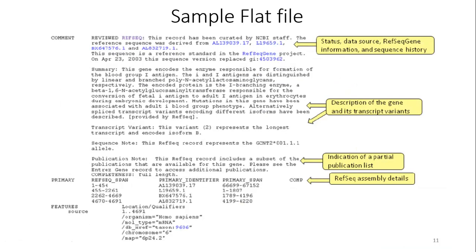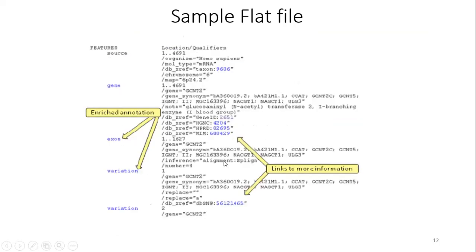Then you have got other details that are present in your GenBank, like the assembly details. You have got an indication of the partial publication list if there is any. And this is what I was talking about. These are called links to external databases. If you click on this link, you would be directly carried on to this gene database. If you click on these exons and all these links, you would be forwarded to the respective source.